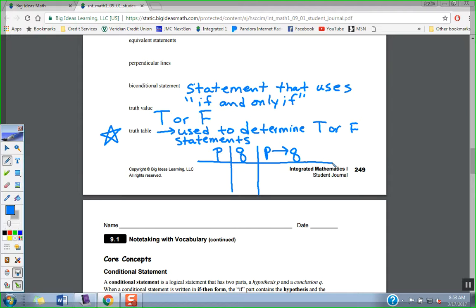Here's the deal. You might have an event P and an event Q, and if your statement is if P then Q, does your statement turn out true or false? Okay? Here's the situation. I'm going to say something like this.